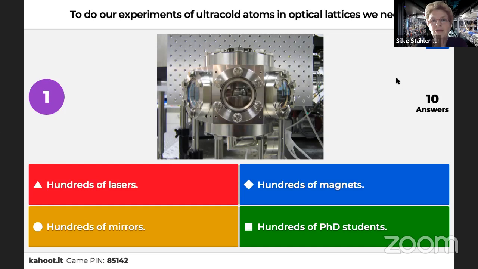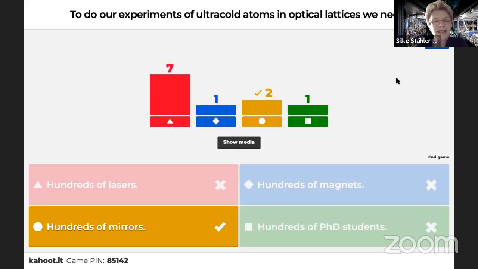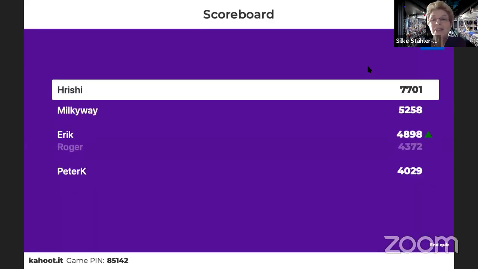You look at my background and then you see that there are not hundreds of lasers and not hundreds of magnets, but hundreds of mirrors, and also not hundreds of PhD students. There are only 2, I think. So let's continue with the ranking. Rishi is first, then Milky Way, and then Eric.